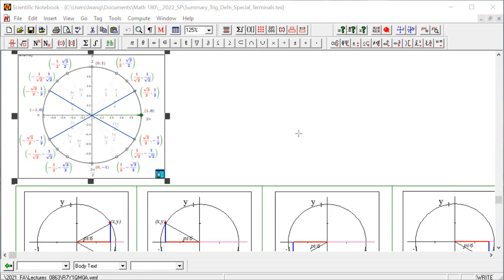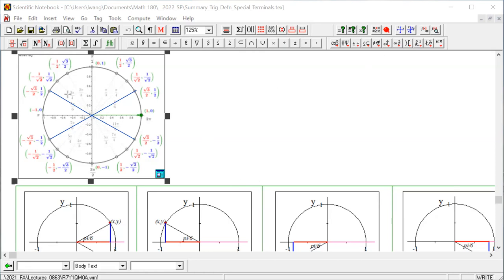But why are special angles used often? Because they are the simplest academic examples, okay? If we use terminals other than the special terminals we discuss here, it would have been even more complicated. The numbers will be messier than what we are dealing with right now, okay?